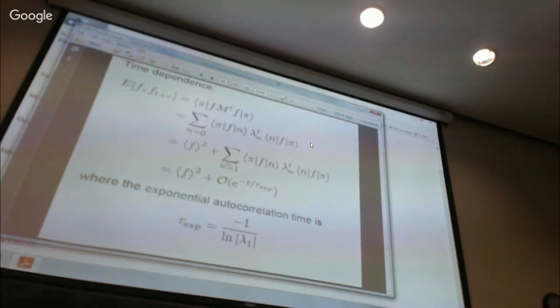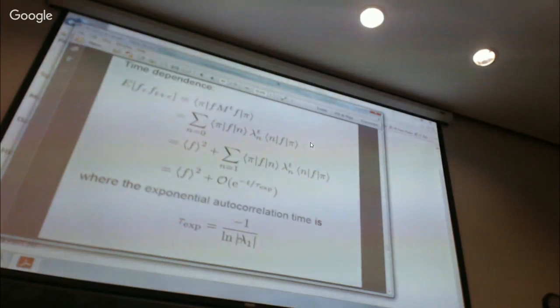But now if I consider the remaining terms in this sum, I know that these are all less than 1, but they don't necessarily have to be real. There could be some sort of oscillatory component to them. But I'll just estimate their size generically as this exponential factor here, where I've defined the decay constant in this canonical way.